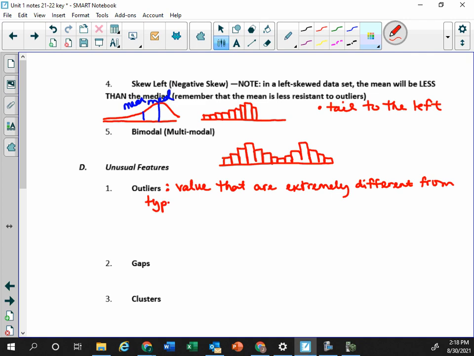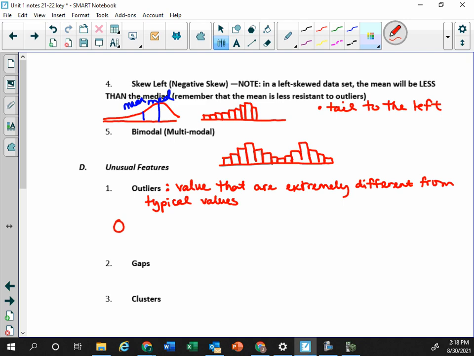Yes. Good. It's going to give you that tail. And we do have formulas for defining what is an outlier.